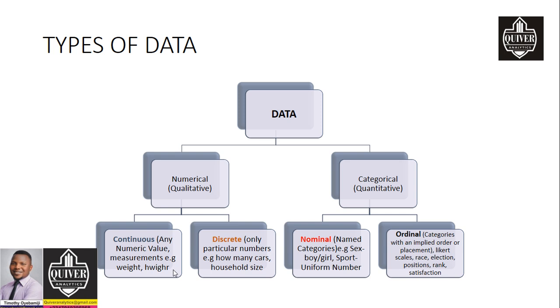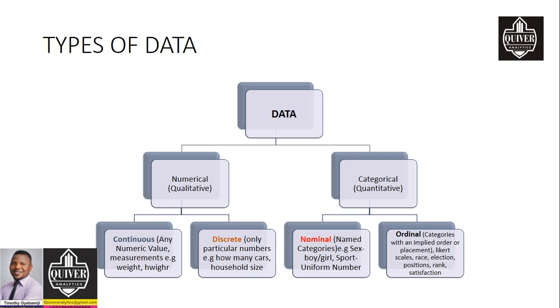Again, you rarely see this, but between discrete and continuous there can be some kind of conflict. An example is shoe size. We have say 14.5, 5.3, 5.2, and so on. So you might think that should be continuous. But the problem with shoe size is you can't have 14.1, 14.2, 14.3, 14.4.